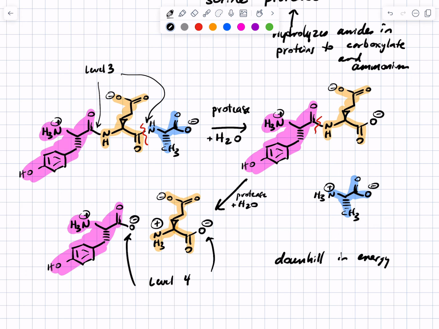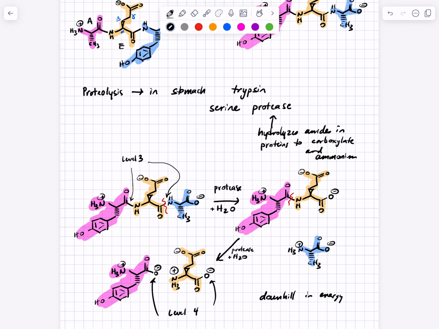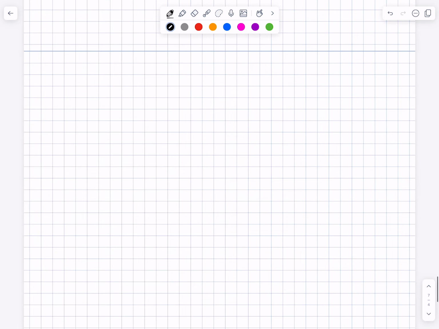And in your stomach, you've got a catalyst, and that's trypsin and some other proteases. So what I want to do now is show you how trypsin proteases work. This is going to be a review because they work in exactly the same way that the lipase enzyme works. They're going to use the same catalytic triad.